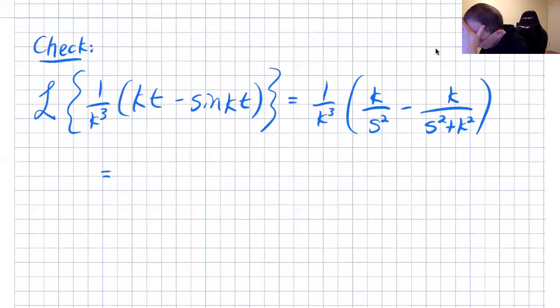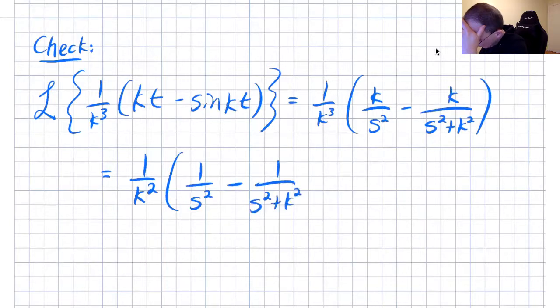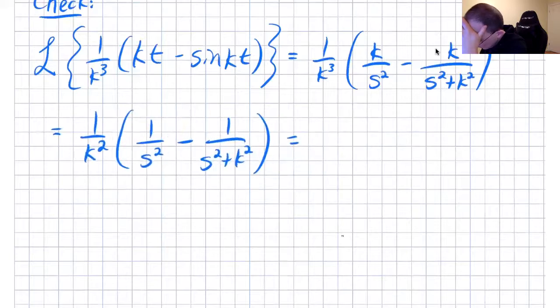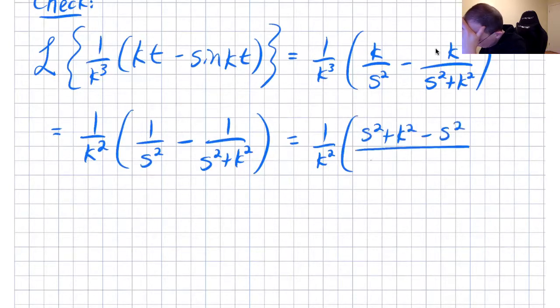And we get 1 over k cubed times, well, let's take one of those k out, so we'll get 1 over k squared. So then it will be 1 over s squared minus 1 over s squared plus k squared. So that's s squared plus k squared minus s squared over s squared times s squared plus k squared.